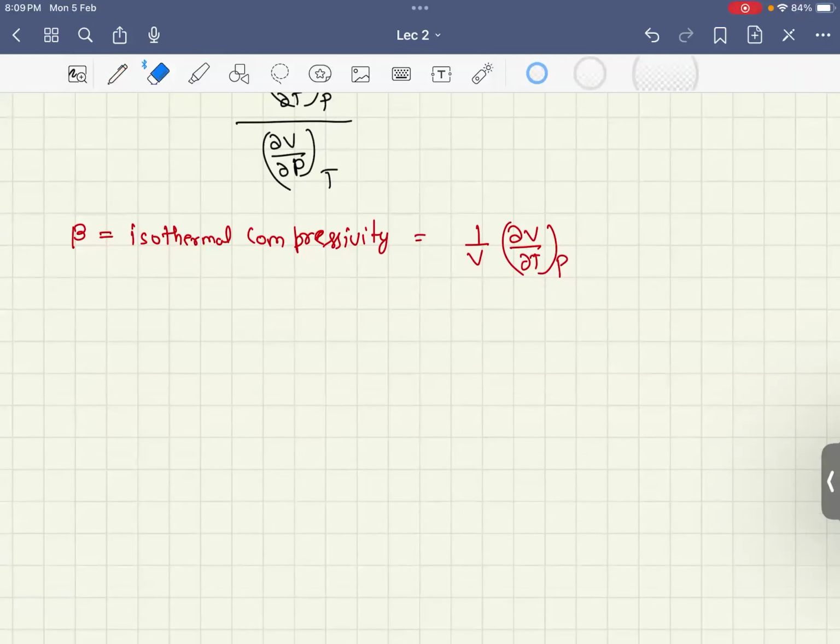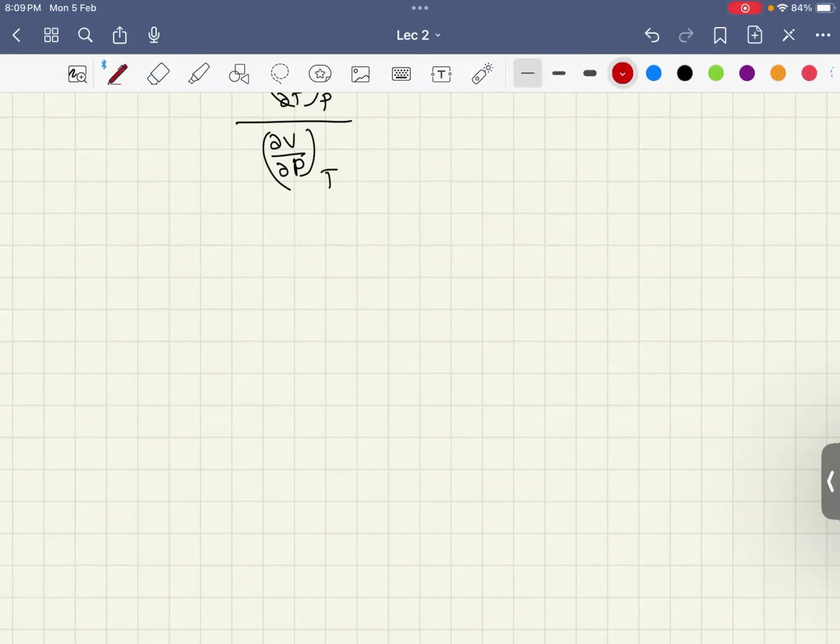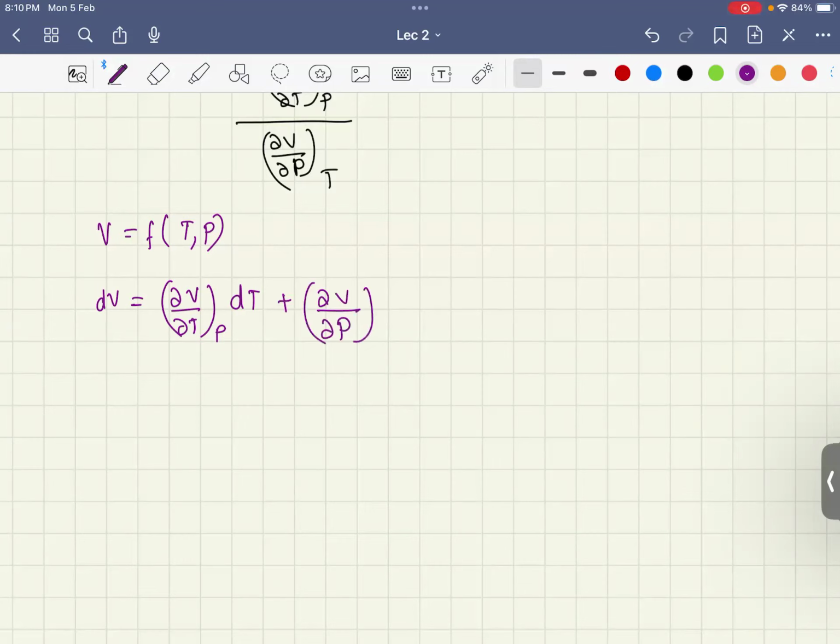Let us assume that we don't know this one. How will we do it? We represent volume as some function of T and P. So dV equals (∂V/∂T at constant P) dT plus (∂V/∂P at constant T) dP.